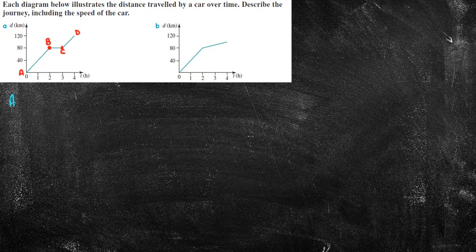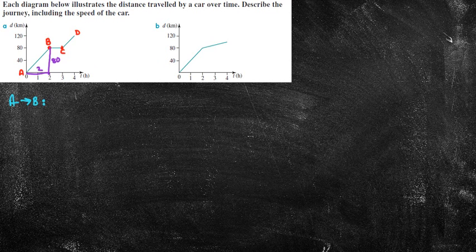So, from A to B, what is happening? Well, hopefully you recognize it's a straight line. So it means that we're going at a constant rate or a constant speed. But it does say include the speed of the car. So, how fast am I going? Well, we're traveling a total of 80 kilometers over a period of 2 hours.